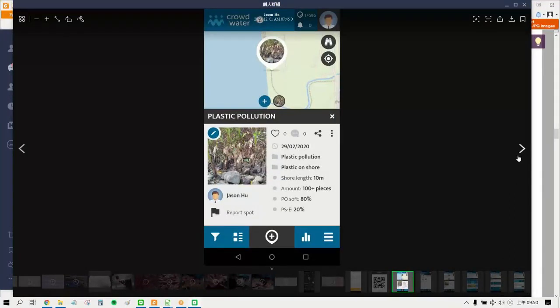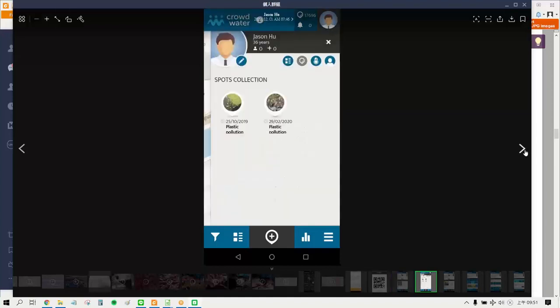So I just uploaded photos from my cell phone albums. So this is on the riverbank. These are some very simple compositions, like POSOF, it took 80%, and the PSE, actually it is EPS, I don't know why it's PSE, PS expanded, it's 20%.